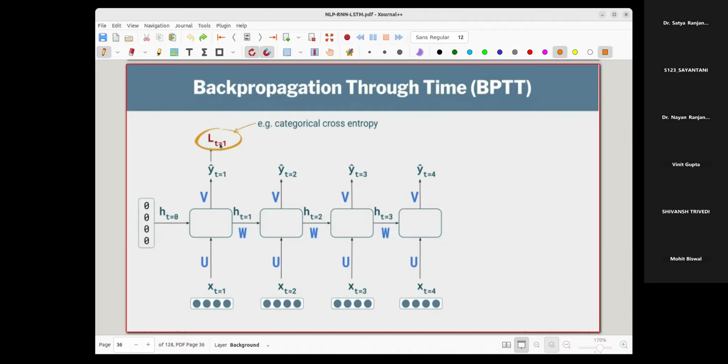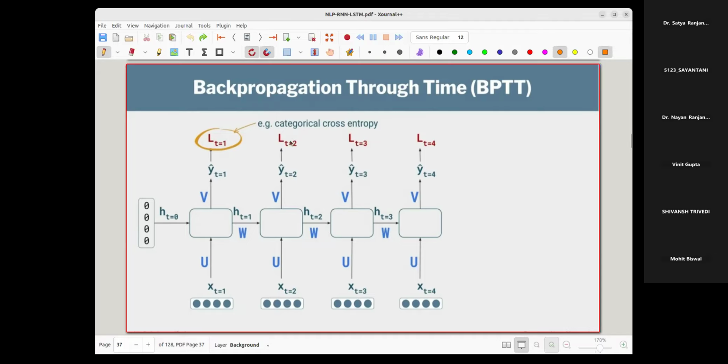Now as we get the loss at time step t equal to 1, we move to the next time step. It is going to produce another output, and corresponding to this input its original output is there. Using this original output and the predicted output, we calculate another loss at time step 2. Similarly, for every time step you get one predicted output and a corresponding actual output, and you calculate the loss using categorical cross entropy since it is a classification.